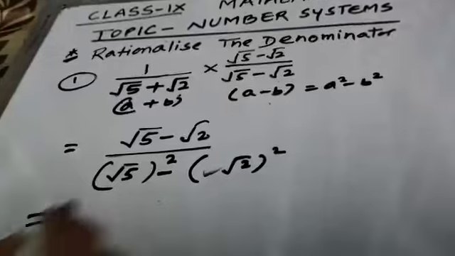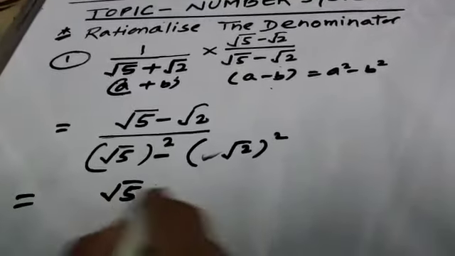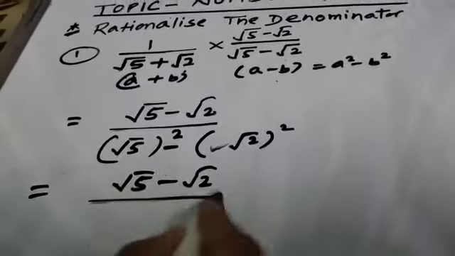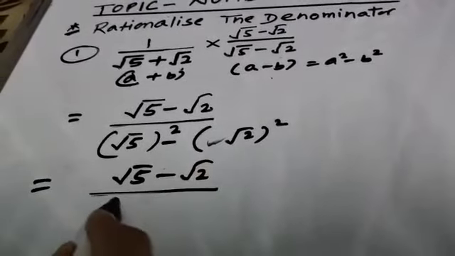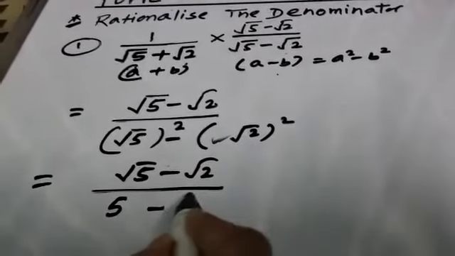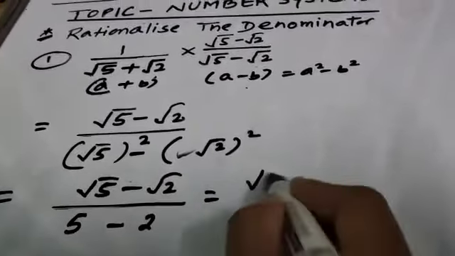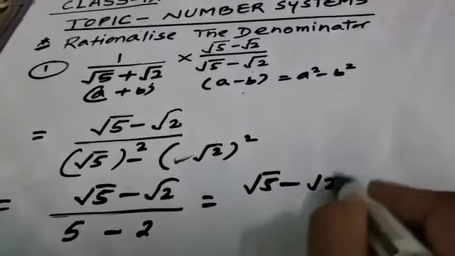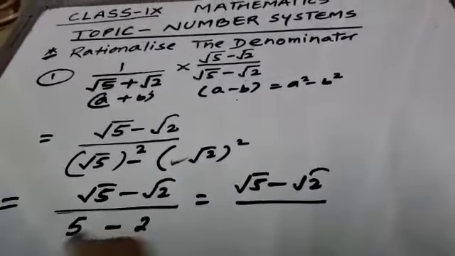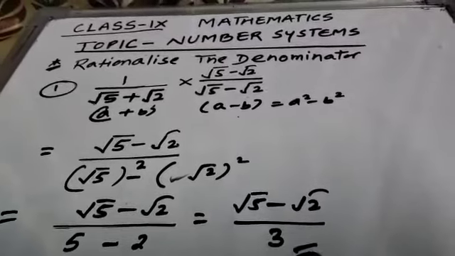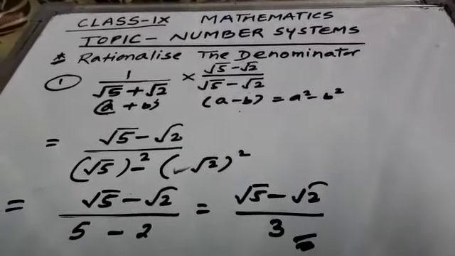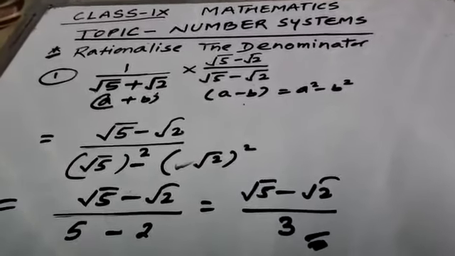Root 5 minus root 2 will be as it is in the numerator, and root 5 square is 5, root 2 square is 2. Then root 5 minus root 2 upon 5 minus 2, which is 3. This is the result. We will cover one more question based on this.